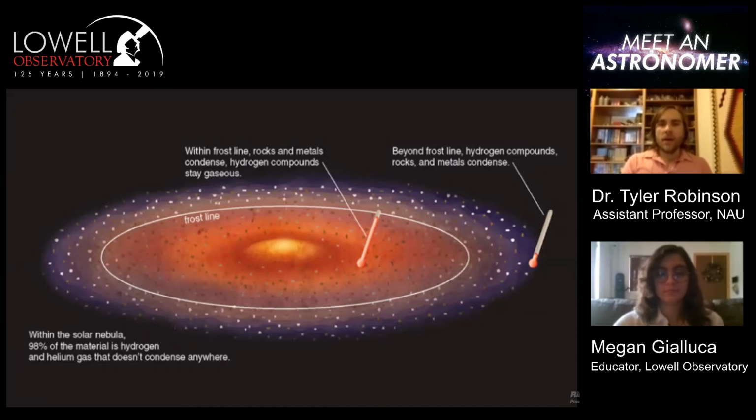And the portions of that disk that are closer to the star should be warmer than the portions of the disk that are far from the star. And so the portions of the disk that are far from the star should have things like water ice and carbon dioxide ice present in them because they're so cold, whereas those materials are going to be evaporated in the warmer parts of the disk.